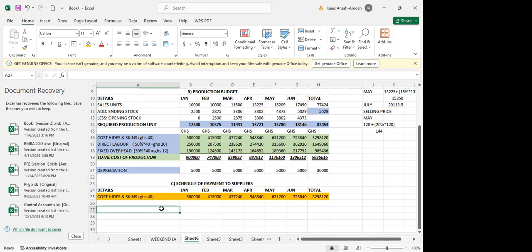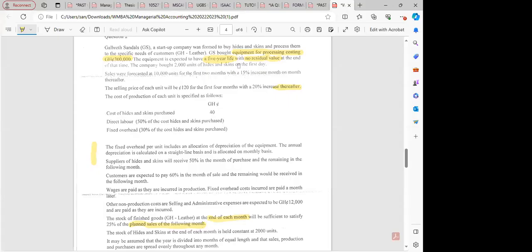The policy says that, let's go back to the question. The policy says that suppliers of hides and skins would receive 50% in the month of purchase. So when you buy from the suppliers, they want to receive 50% in the month when you bought from them.